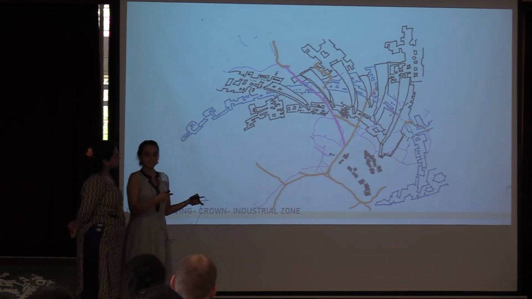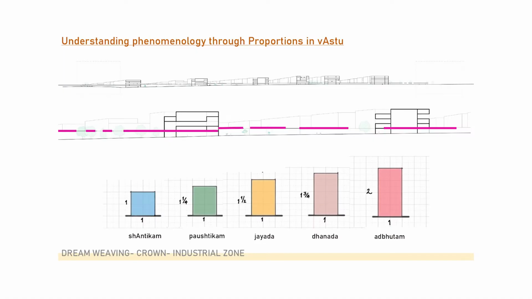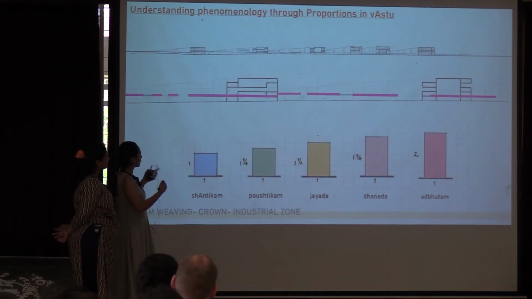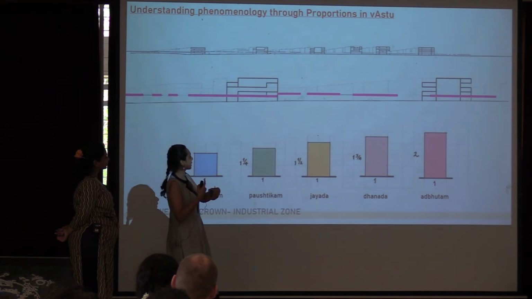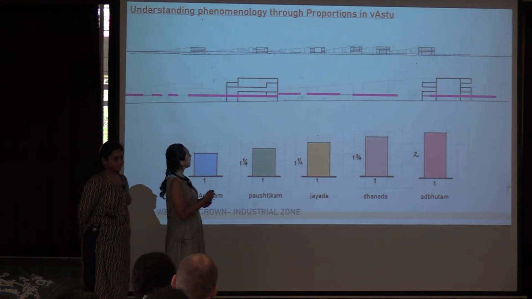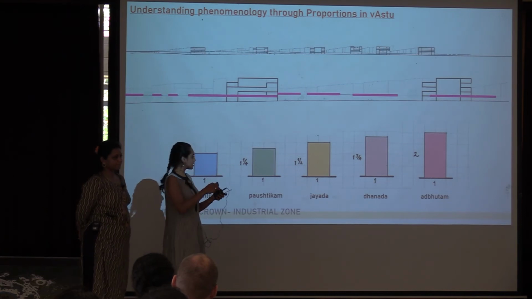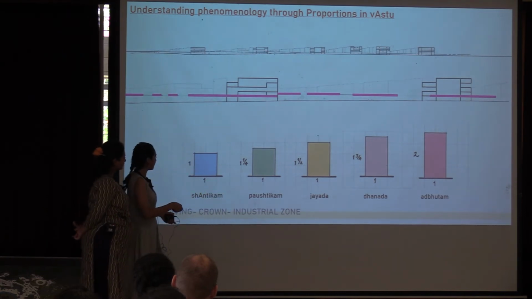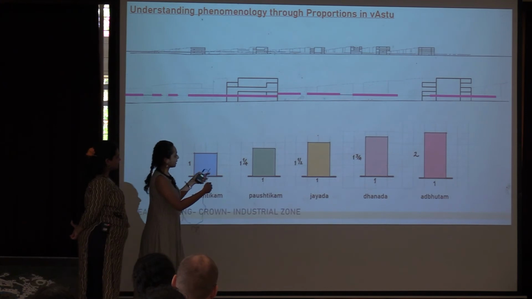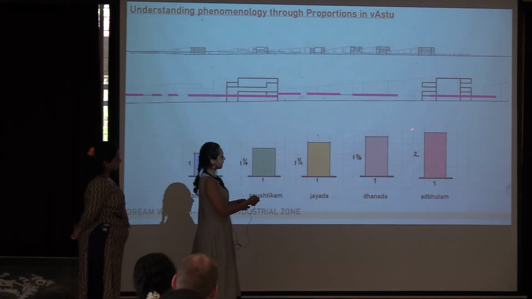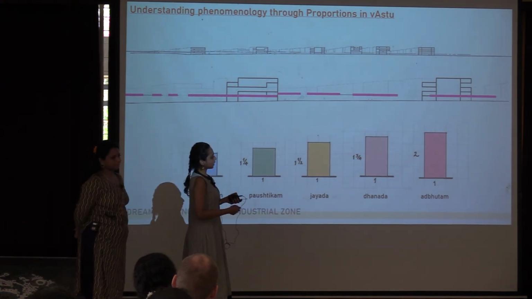And then next. It also took us back to this idea of the changing phenomenology of the crown. We actually have in the Vastu Shastras proportions, and the proportions have different names. So 1:1 and so on, and the highest one is 1:2, which is Adbhutam. Adbhutam means wonderment.